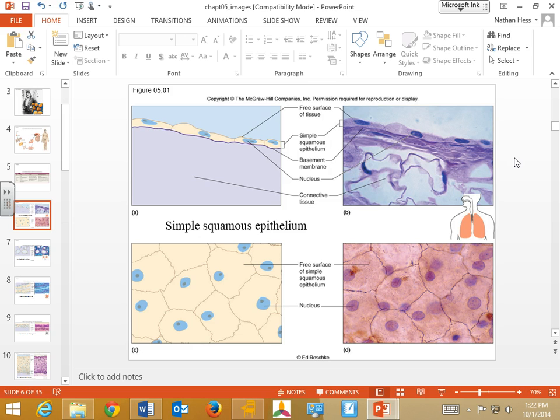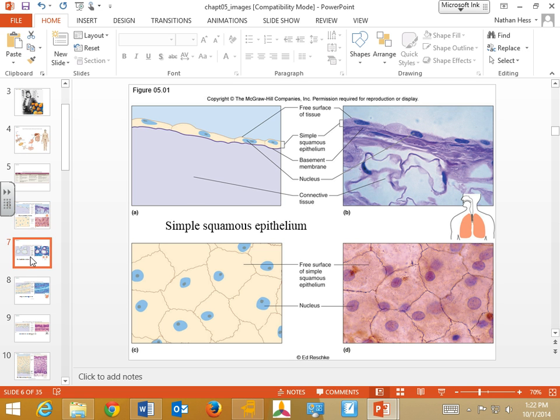So squamous means like a scale, which is kind of what that looks like, right? So simple squamous epithelium. Do you have to know all three words, Daniel? You do, all three of them. Simple means one layer. Squamous is describing the shape. Epithelium is the type of tissue. Cool? I wasn't picking on you, Daniel. I just turned over and saw you there.